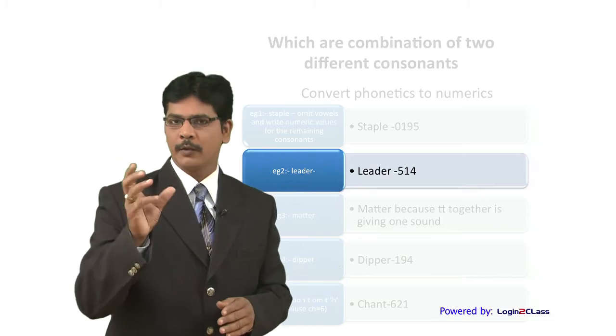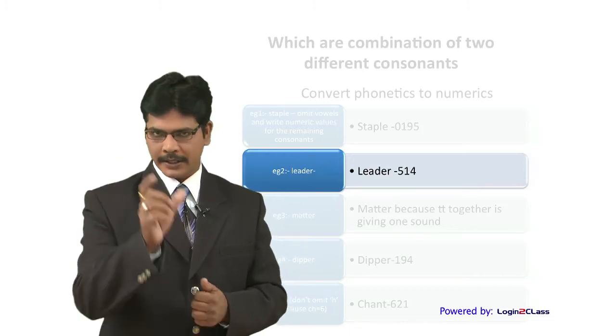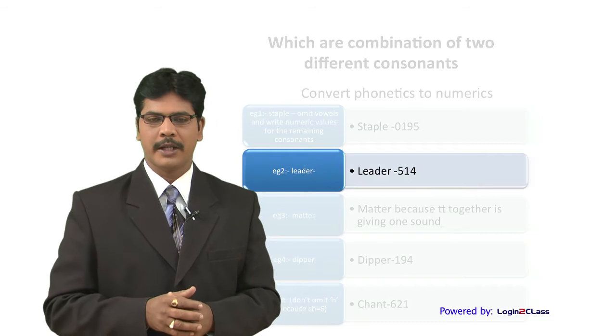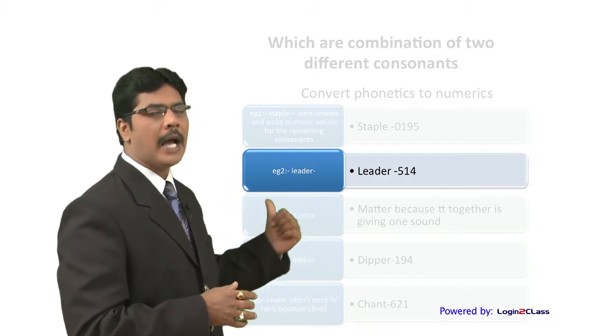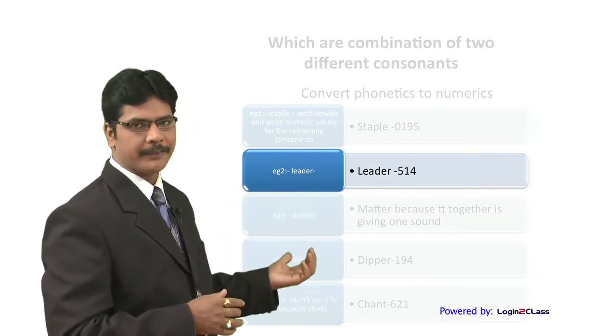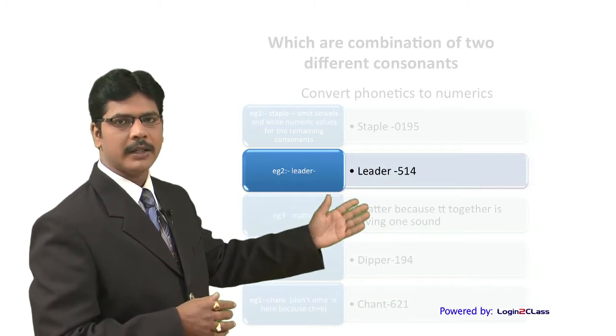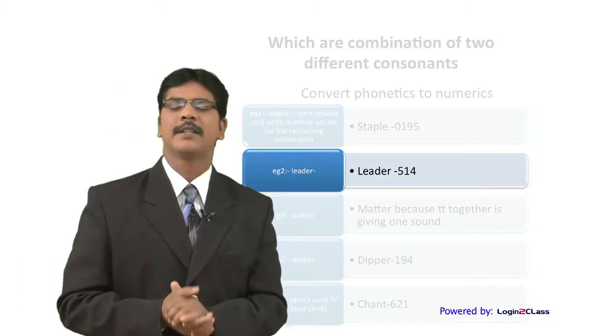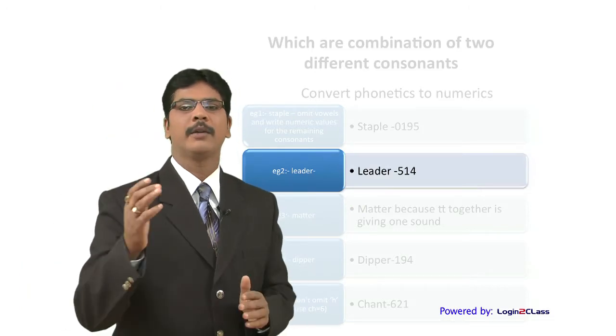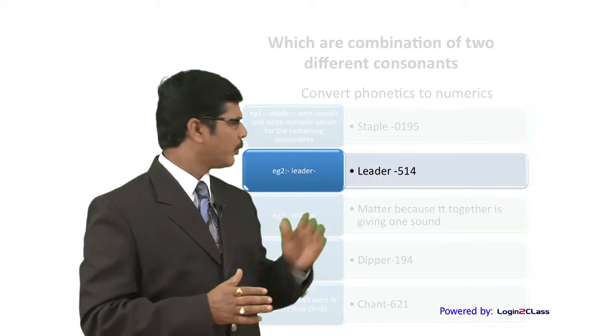Now for the rest of the letters, you've got to write their numeric value. So L, it is 5. D, it is 1. And R, it is 4. So leader is simply 5, 1, 4. As simple as that. Isn't it very easy?